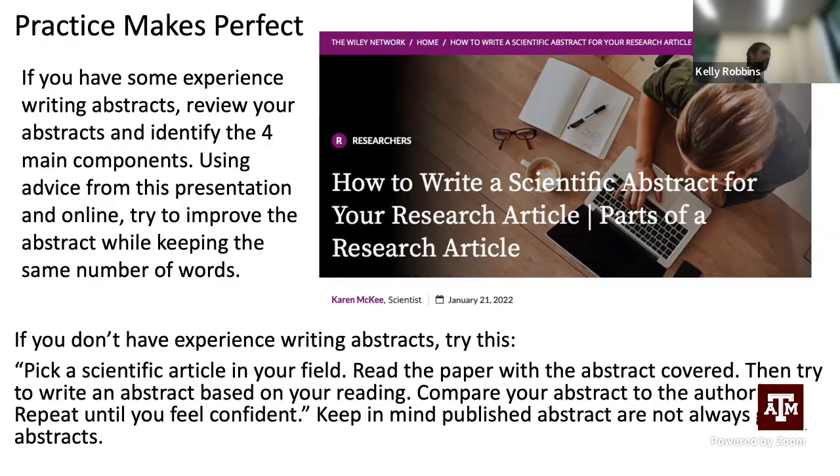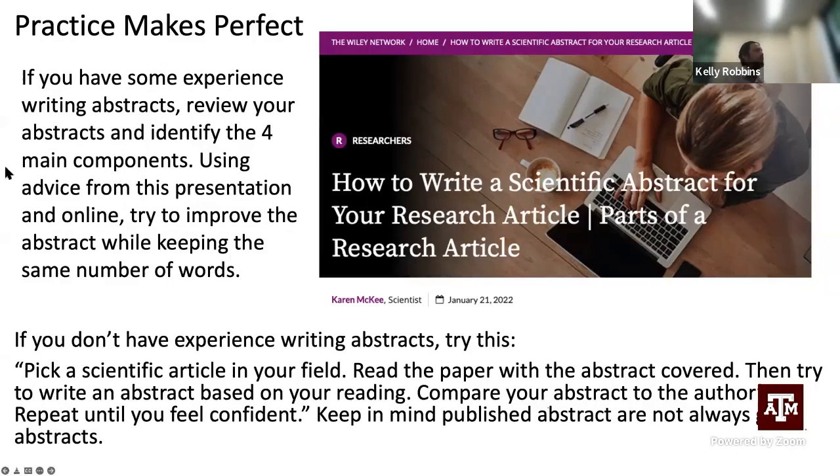And so, if improving on abstracts is something that you personally feel needs to happen, the best way to do it is to practice. If you have some experience writing abstracts, the first thing I'd do is go to some of these online resources that say more or less what I said in this presentation, because I drew a lot of this material from those resources, and they're there for you as a quick reference.